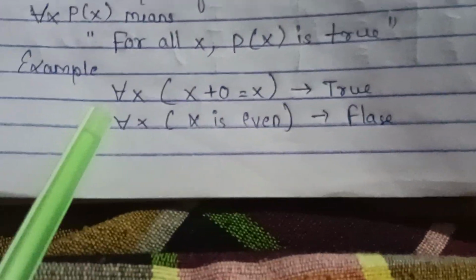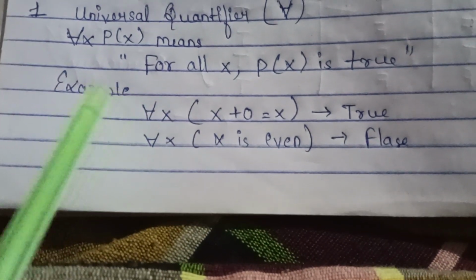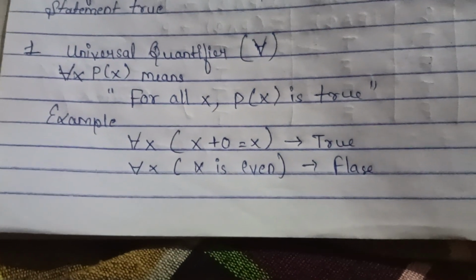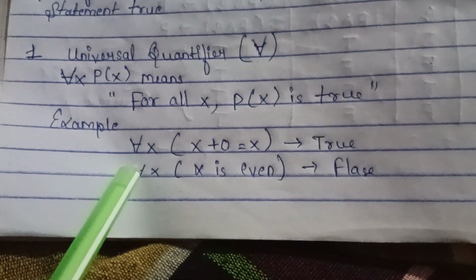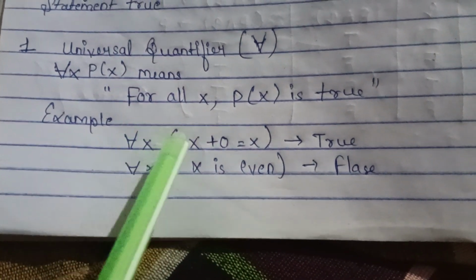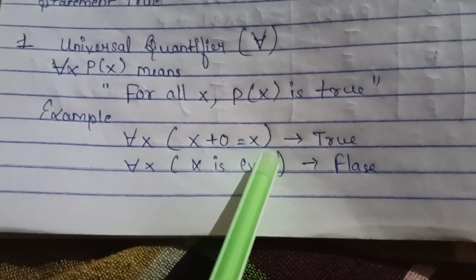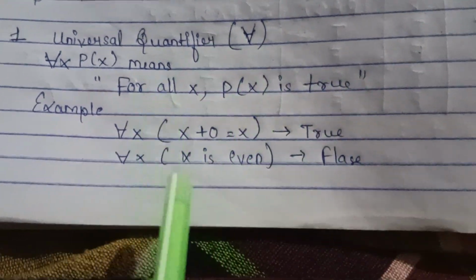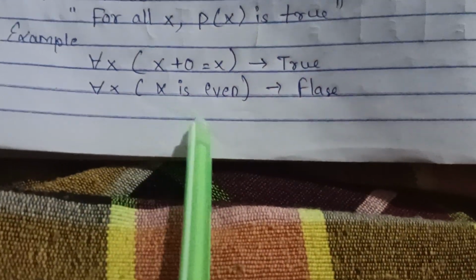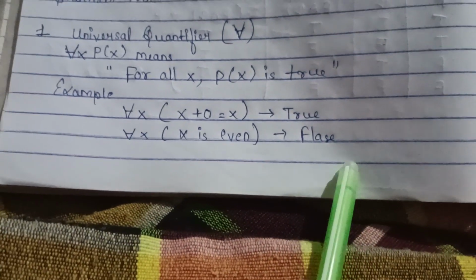So whatever the x, in universal, everything needs to be true, right? For example, for all x, x plus 0 equals x is true, but for all x, x is even is false.